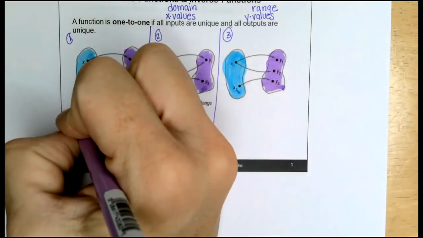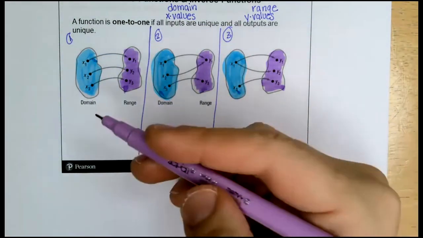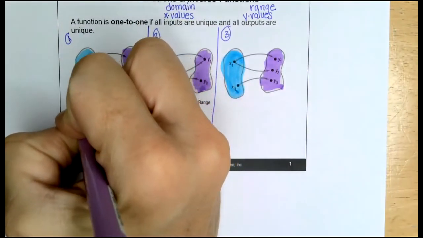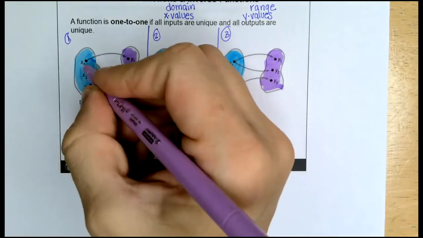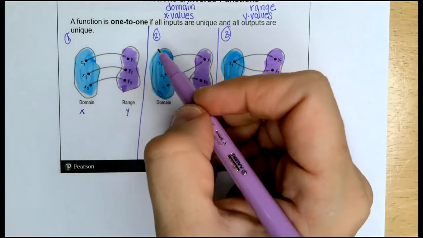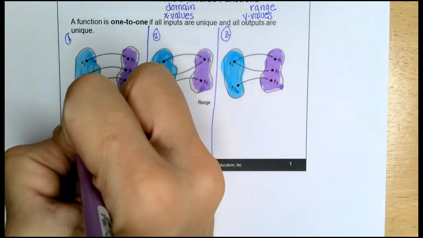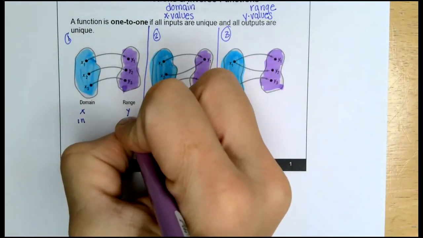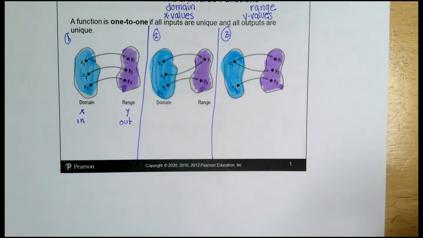Okay, so you have your domain, your x values are your inputs. Your range is your y, which is kind of obvious because they have x and y. They helped us there. These are your ins, these are your outputs. Okay, so for every single ordered pair in each one-to-one mapping, x is unique and y is unique. Neither will ever repeat.